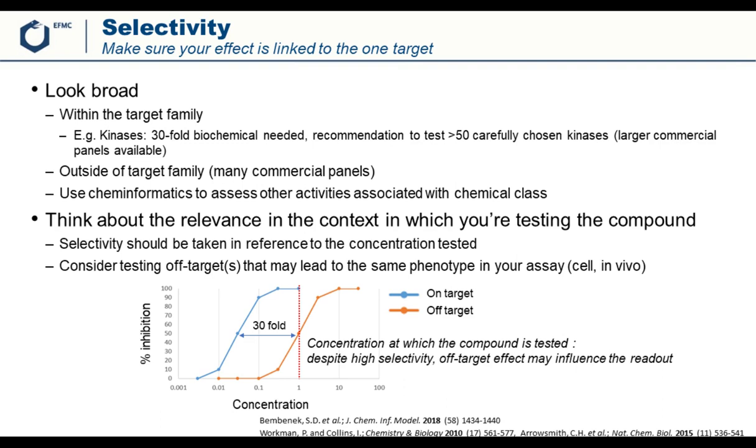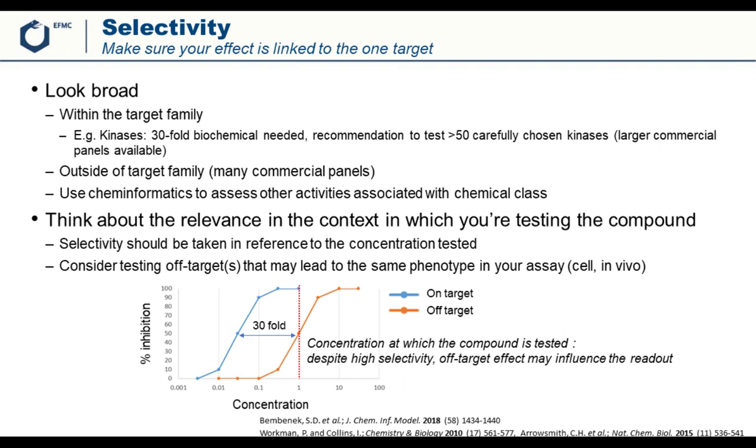The second thing to think about is the relevance of selectivity in the context in which you're testing the compound. Selectivity should always be taken, for example, in reference to the concentration tested. This is illustrated with this graph on the bottom. Here you have IC50 curves, so potency curves, for a compound on target, that's in blue, and off target, that's in orange.